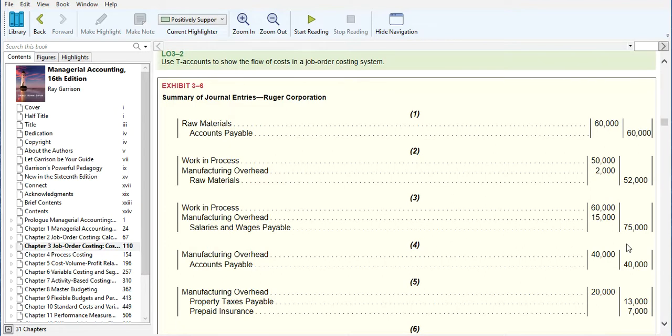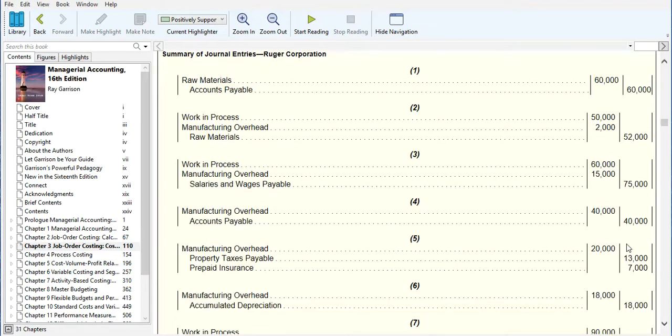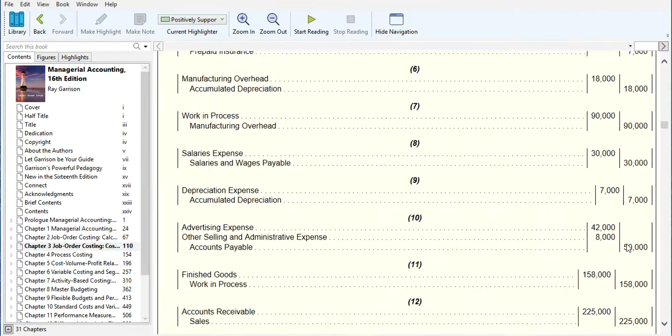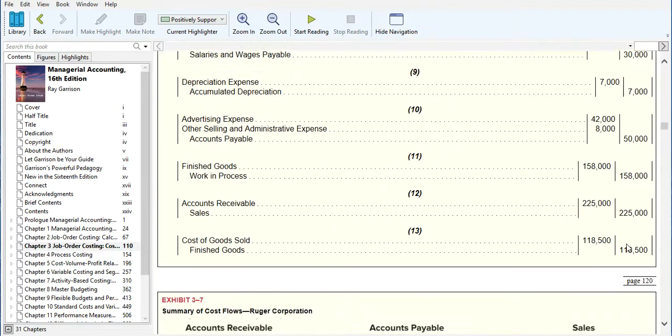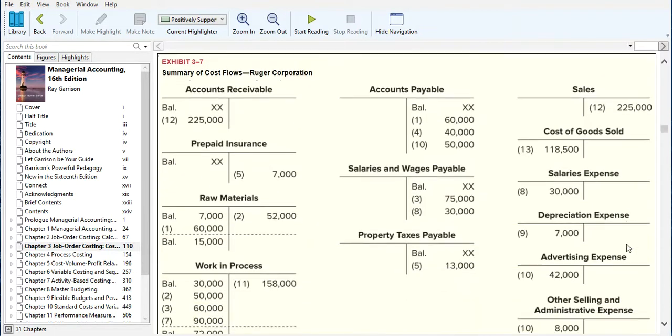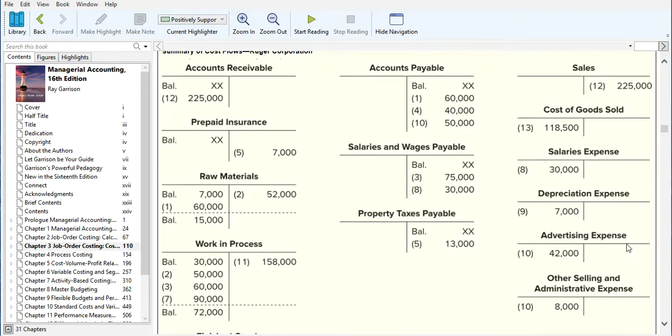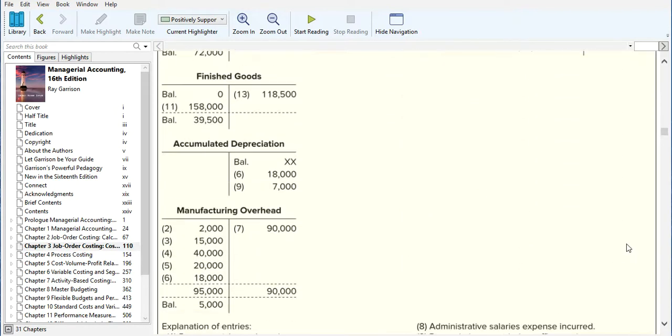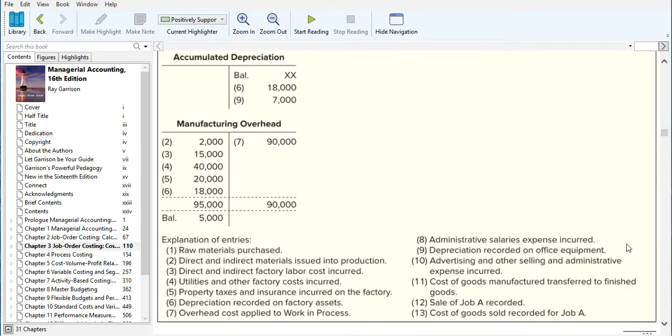These are the journal entries that were in the chapter earlier, and these identify how these transactions are handled. They're also illustrated in this flow chart, basically of T accounts. And down here at the bottom, you have a legend that explains each of the entries, raw materials purchased, and various things.